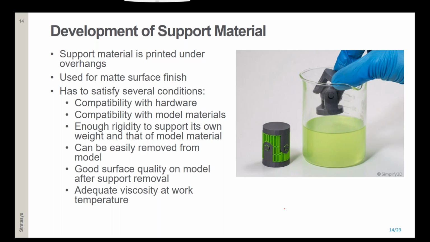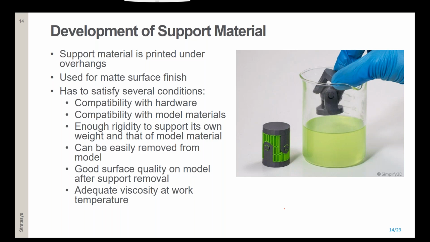And also because it is a support material, you have to be able to remove it easily from the model material. I mean, you wouldn't want it to stick so hard that you cannot remove it. There are several ways to do that. In this picture, which is not ours, I have to say, this is a soluble material. So you would place everything in a cup of water, and then after some time, all the support material would be dissolved, and what would remain would be the finished model without any support.